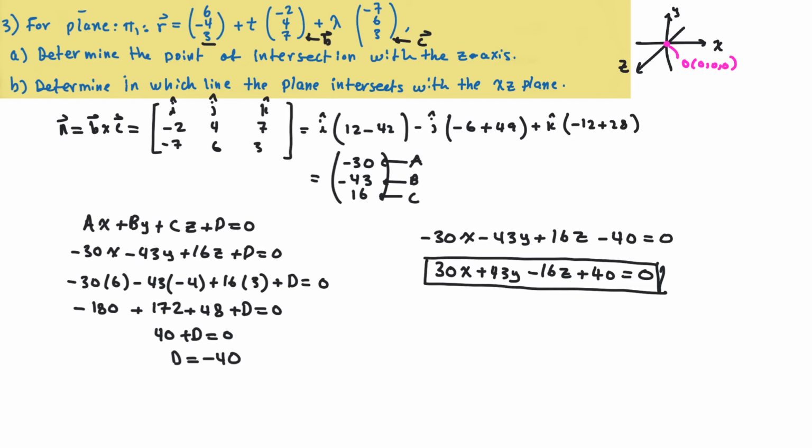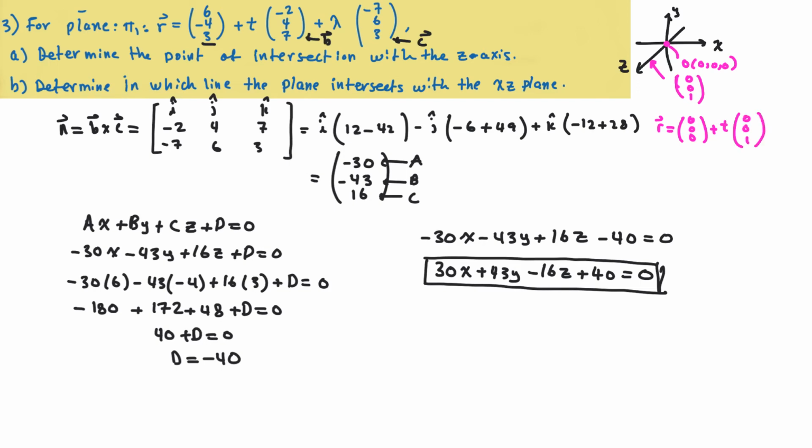And its direction, well, that's nice because it doesn't move in the x direction, it doesn't move in the y direction, but it does move in the z direction. So therefore its equation in vector form is just (0, 0, 0) plus t times (0, 0, 1).